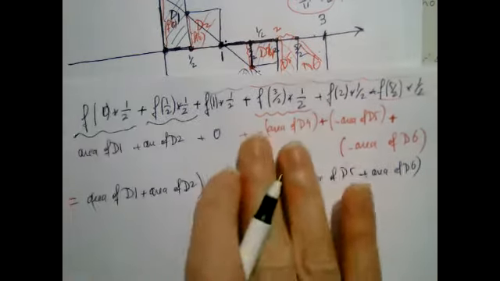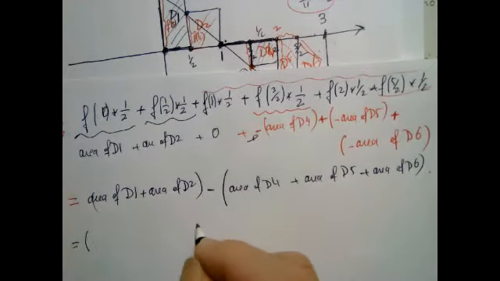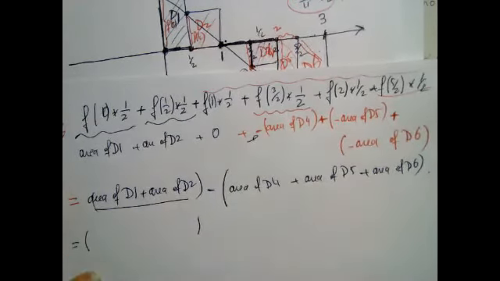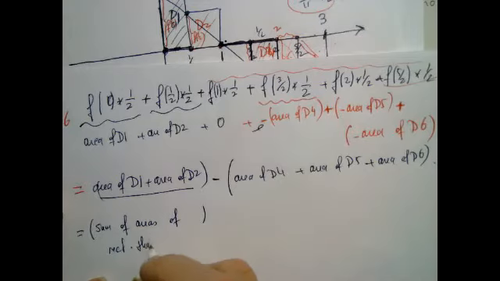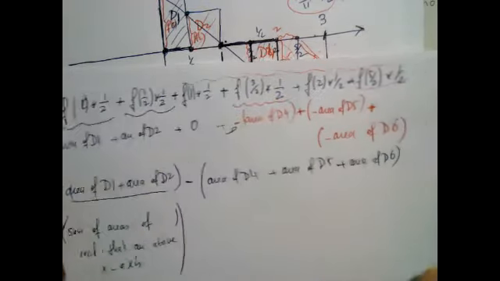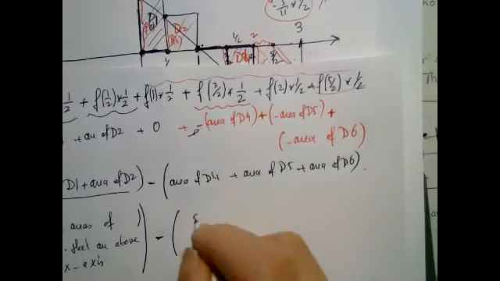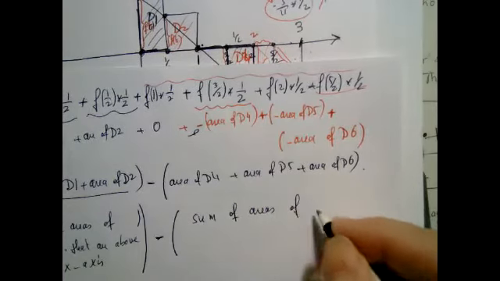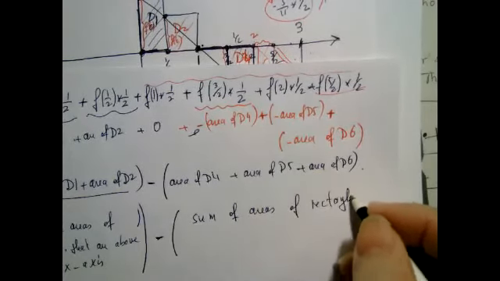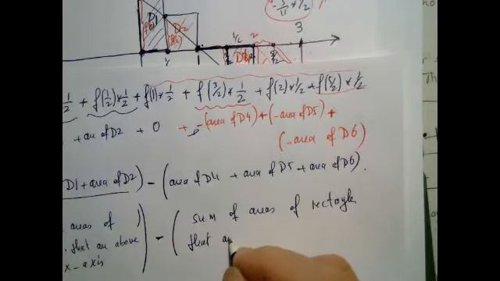So it means the left sum is going to represent the area of D1 plus the area of D2. It means the sum of the areas of the rectangles that are above the x-axis, minus the sum of the areas of the rectangles that are below the x-axis.